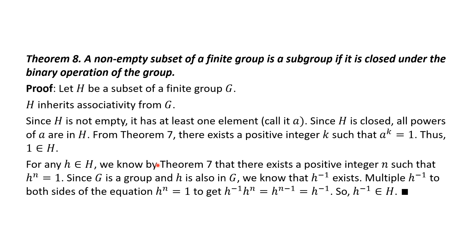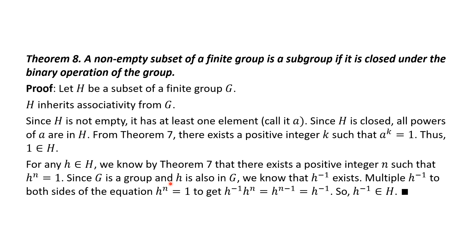The last part is to show that for any h, small h, in our subset, the inverse is also in H. So we know by Theorem 7 that there exists a positive integer, we'll call it n in this case, such that h to the n equals the identity.